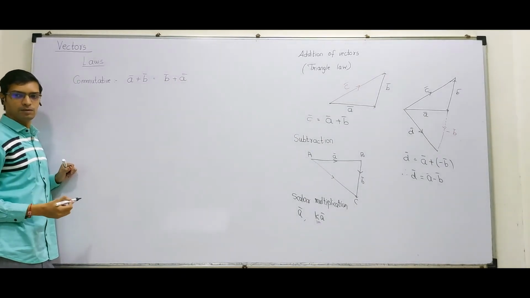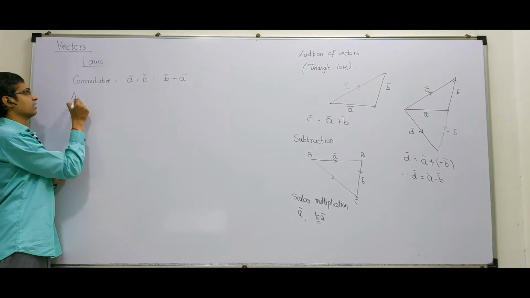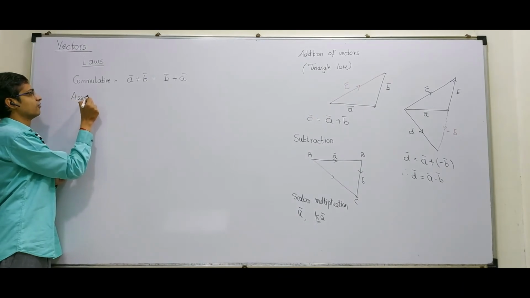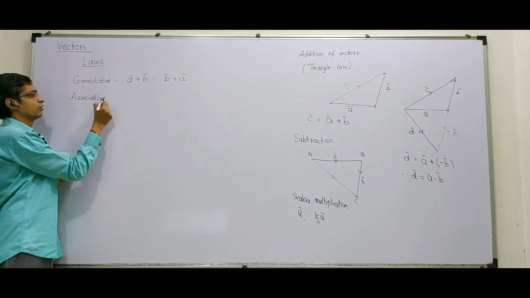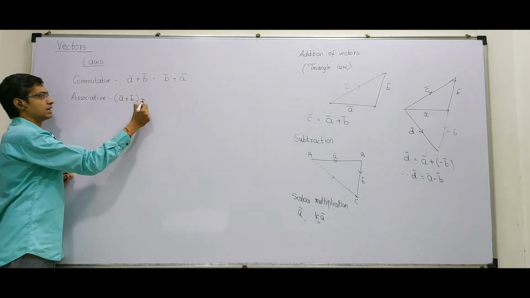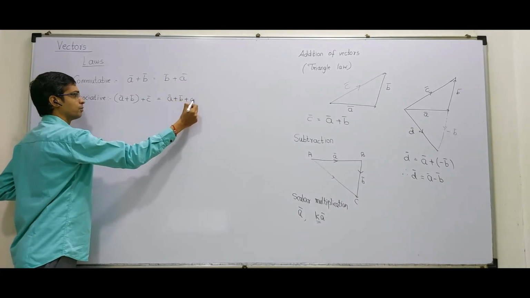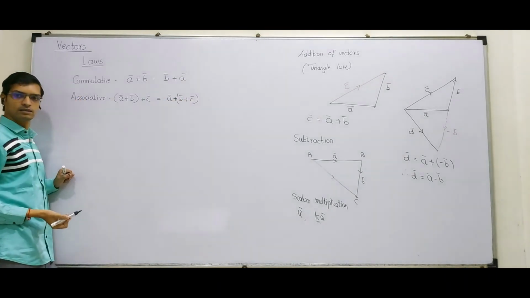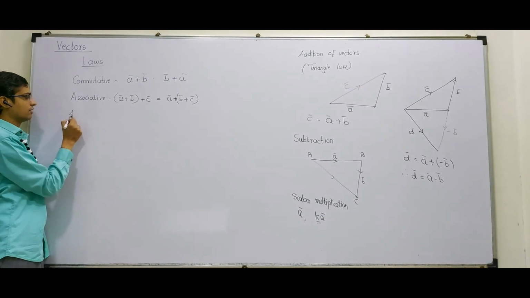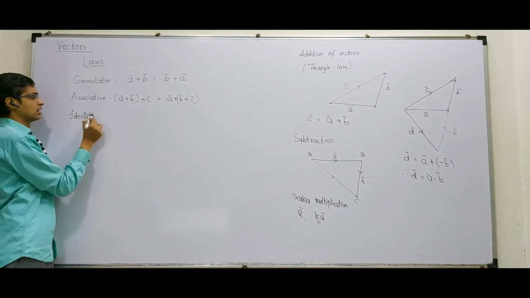Then we have associative law. What does the associative law say? That A bar plus B bar plus C bar is nothing but A bar plus B bar plus C bar, with the grouping changed. This is all you have learned, so I'm going a little bit fast.